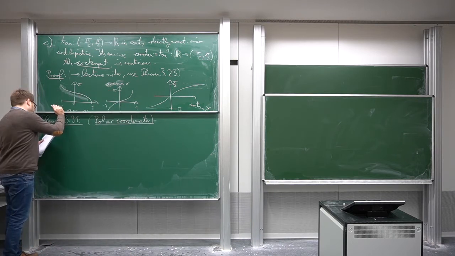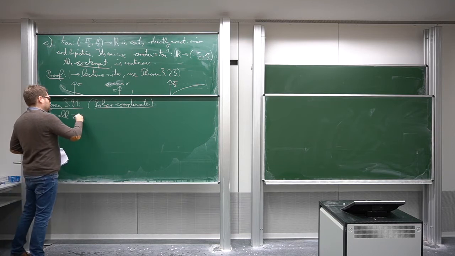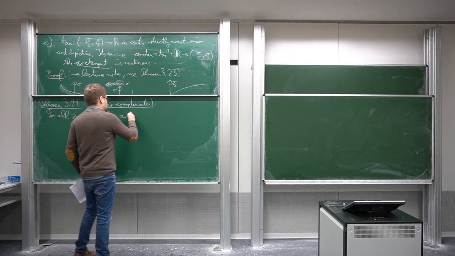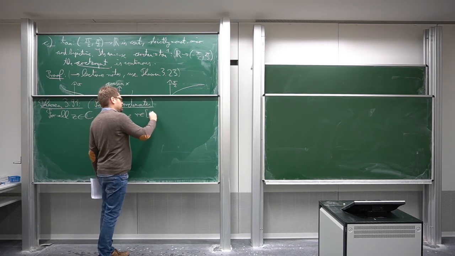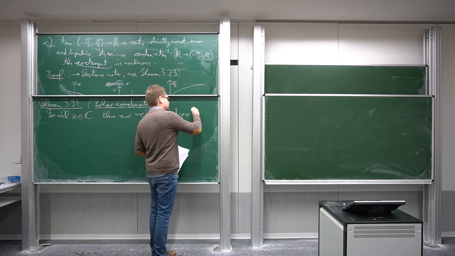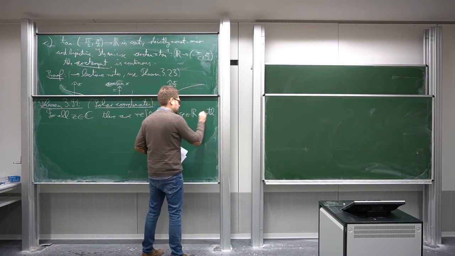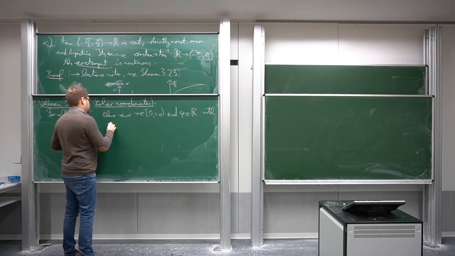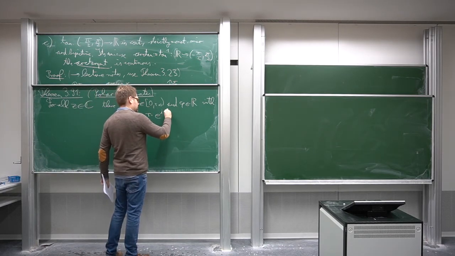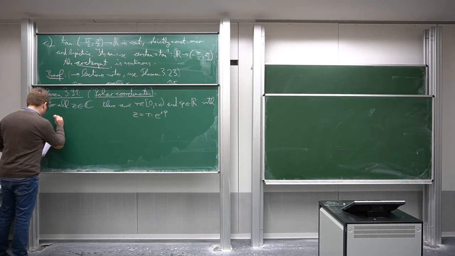So, what does this say? This says, for all complex numbers, let's call them z, there are numbers r, which is a non-negative number, and a number phi in R, which is to be an angle, such that we can write z as r times e to the i phi. And this is something that makes perfect sense from the intuition, as we shall see in a bit.